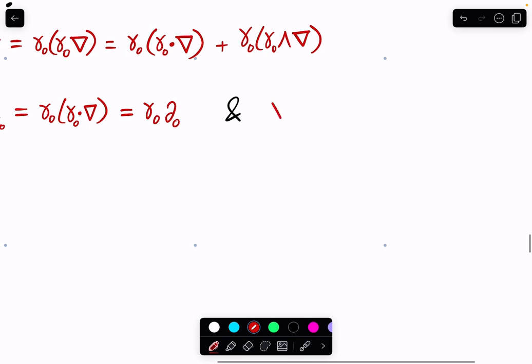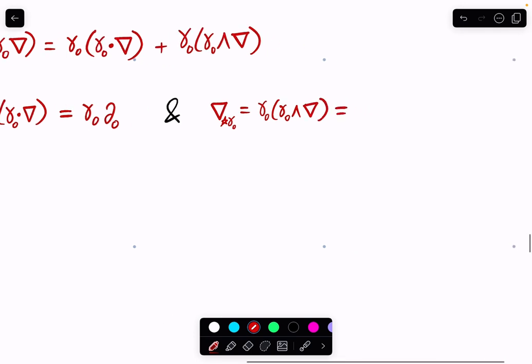And this also gives the orthogonal part, which is gamma naught wedge del, which is equal to gamma naught and then the three gradient.